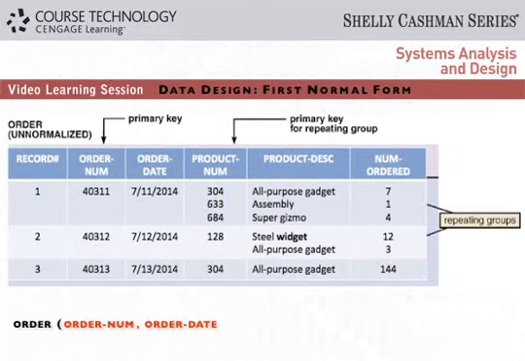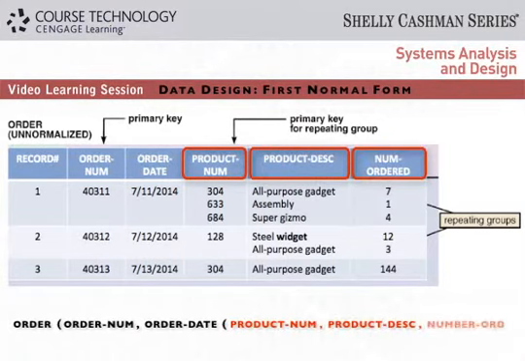The next three fields form the repeating group: product number, product description, and number ordered. These three fields are grouped inside their own set of parentheses. Next, underline order number, which is the primary key. Also underline product number, because it identifies each separate product within the repeating group.